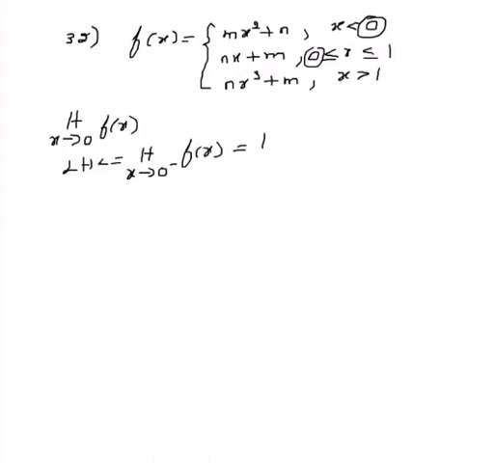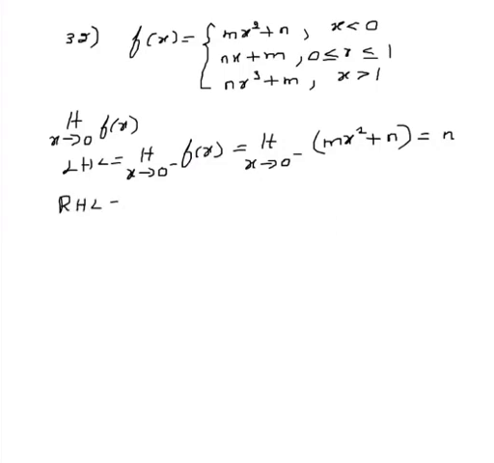For 0 minus, we need to use the less than 0 definition, which is the first one, mx square plus n. This is a polynomial. We don't have any problem with polynomials. It is defined at 0, so directly we can substitute the 0 value. M into 0 is 0, 0 plus n is n.